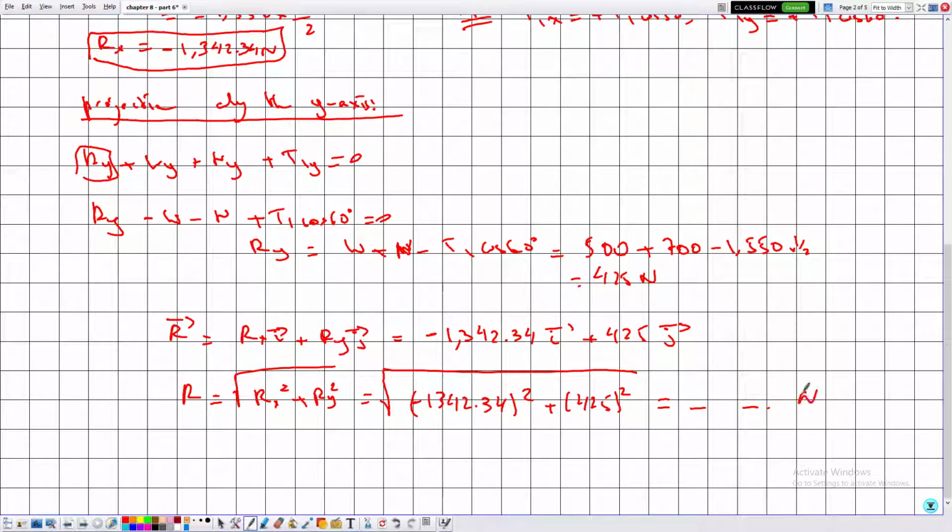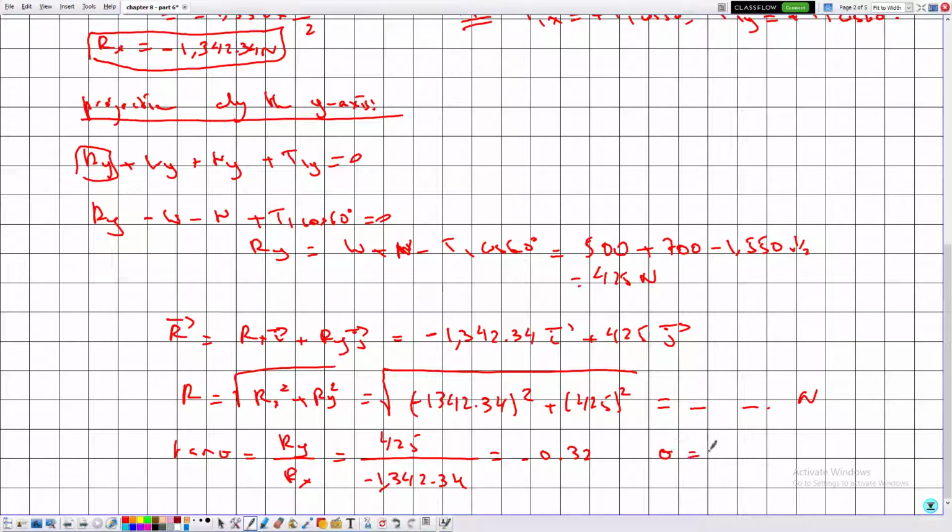in newtons. As for the direction, it's sufficient to calculate tangent theta, which is equal to Ry divided by Rx, and it's given by 425 divided by minus 1342.34, which is equal to minus 0.32.